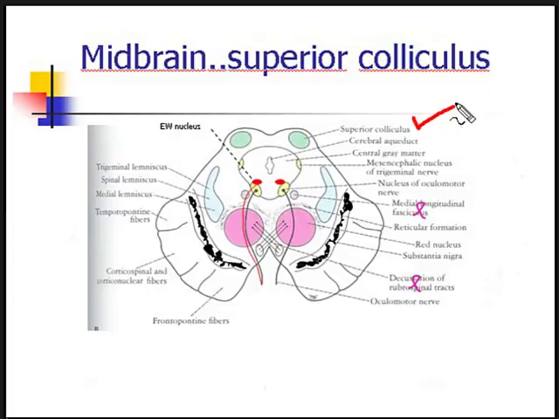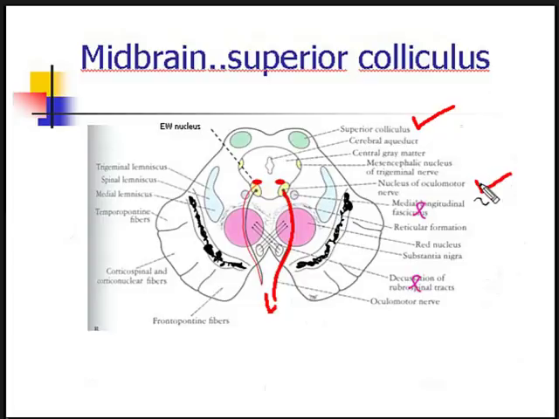Instead of the 4th nerve nucleus, now we have the nucleus of the 3rd nerve, the oculomotor. See what I mean by it coming out on the ventral aspect? As it comes out here, it is medial to the crus. The 4th came out lateral to the crus. So we have the nucleus of the oculomotor nerve.